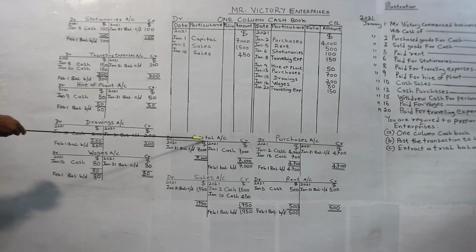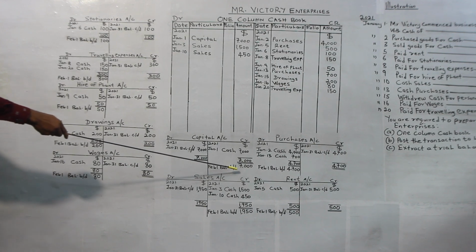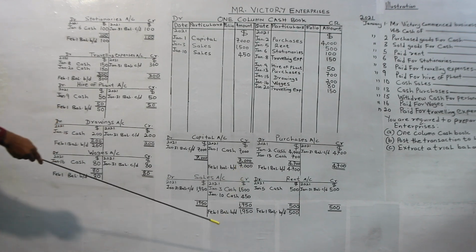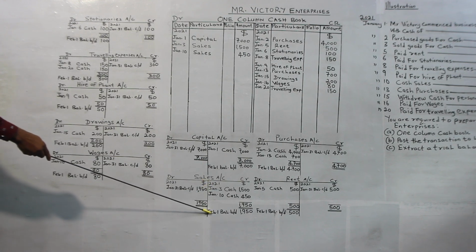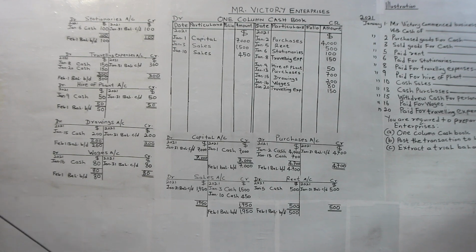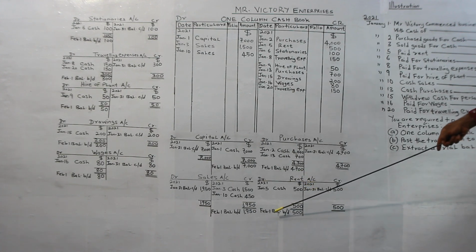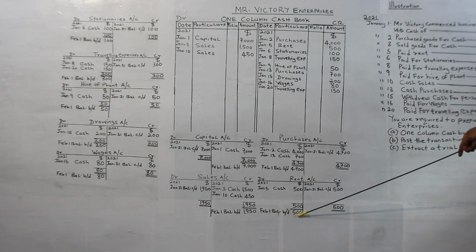For the capital account, the balance brought down February 1st is on the credit side, 7,000. For the sales account, February 1st, balance brought down is 1,950 on the credit side. For the purchases account, February 1st, balance brought down is on the debit side, 4,700. And for the rent account, February 1st, balance brought down 500 is on the debit side.